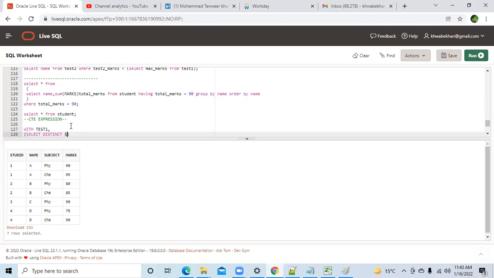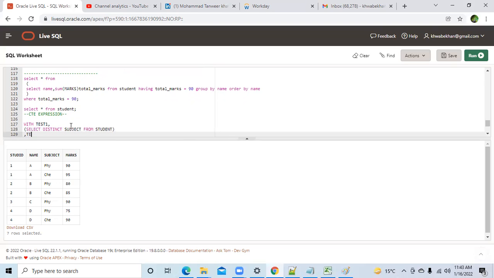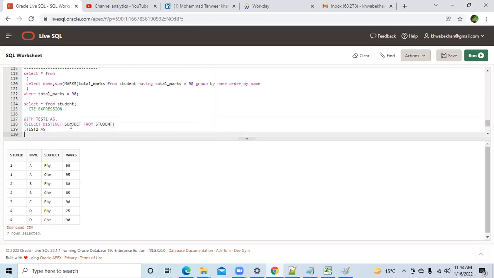Select distinct subject from student, then comma test2 as, select distinct marks of a student.